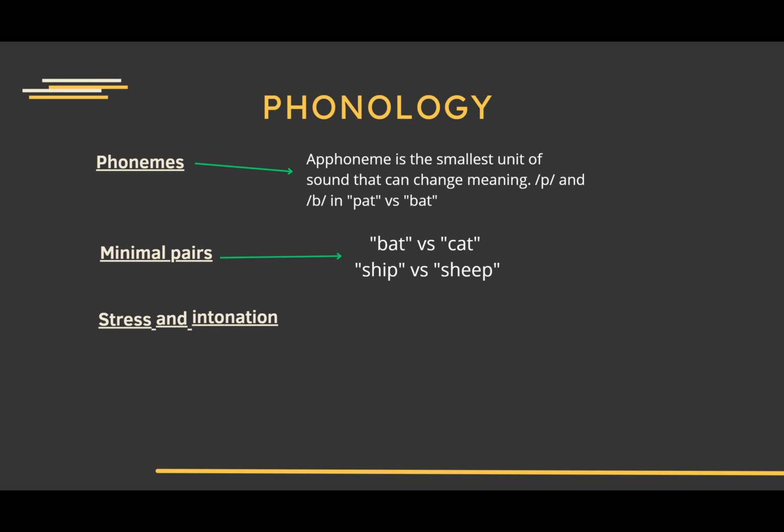We also have the concepts of stress and intonation. Stress is when we say a part of a word or a sentence louder and clearer than others. And intonation refers to the rise or the falling of the voice, of the pitch when we speak.